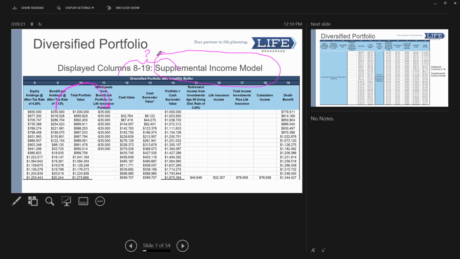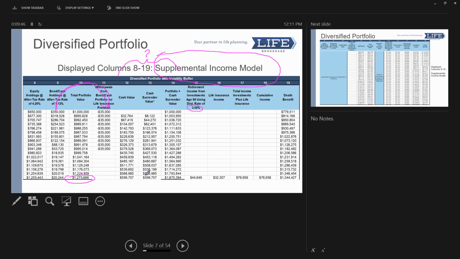The supplemental income model means you continue to take 3.5% of your portfolio value, or whatever is left in equities. In this instance, $1.2 million. You're still able to take 3.5% because that is the mathematical distribution rate that will last you 30 to 35 years into retirement, subject to market volatility.